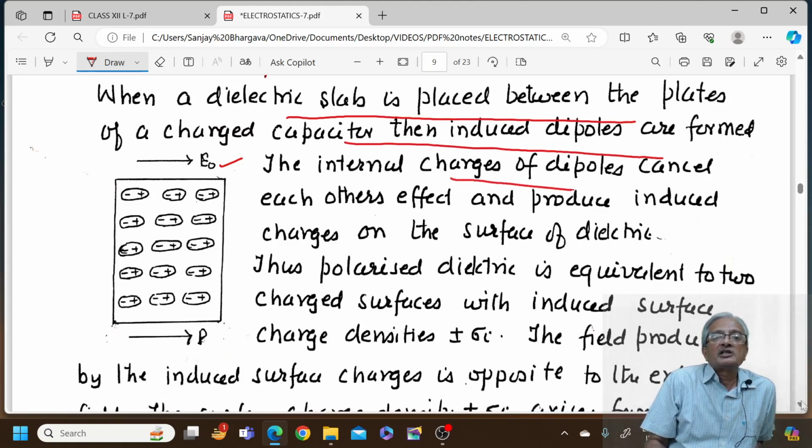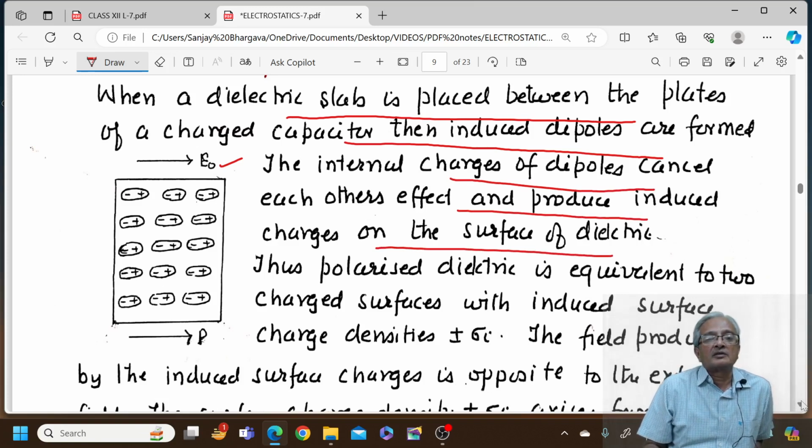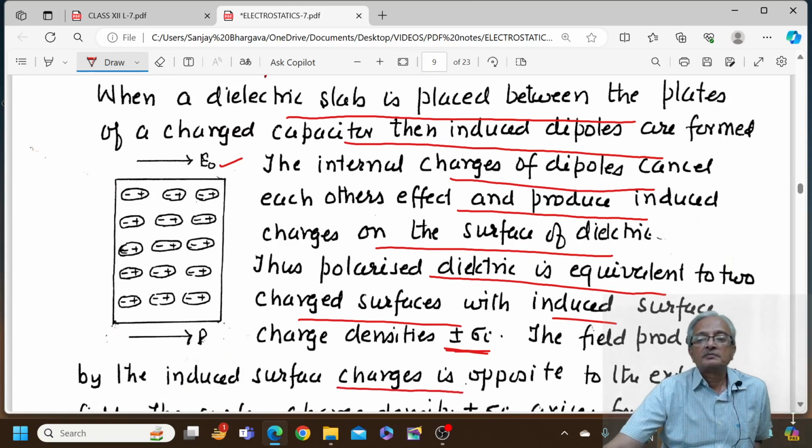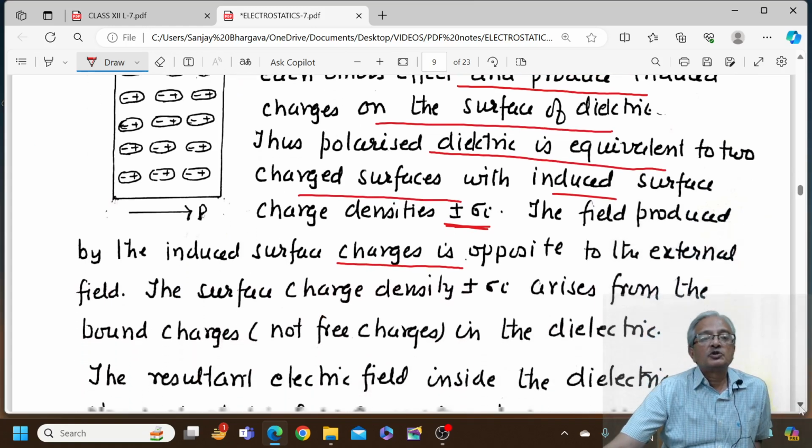The internal charges of dipoles cancel each other's effect and produce induced charges on the surface of the dielectric. The polarized dielectric is equivalent to two charged surfaces with induced surface charge densities plus minus sigma. The field produced by the induced surface charges is opposite to the external field.